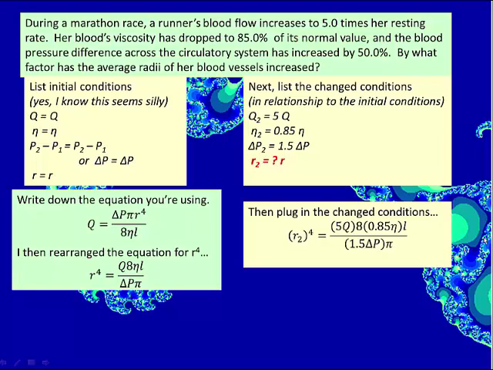The new radii, r2 to the 4th power, is equal to 5 times the old flow rate, and 8, part of the equation, times 0.85, the old viscosity. And L, the length of our circulatory system, did not increase or change. It's not mentioned in the problem, so it didn't change. And then it's all divided by 1.5 times the difference in pressure and pi. And of course, pi didn't change either.